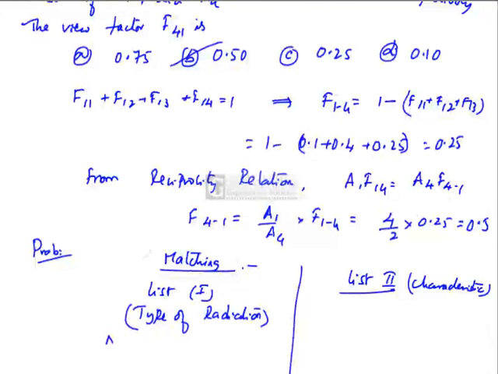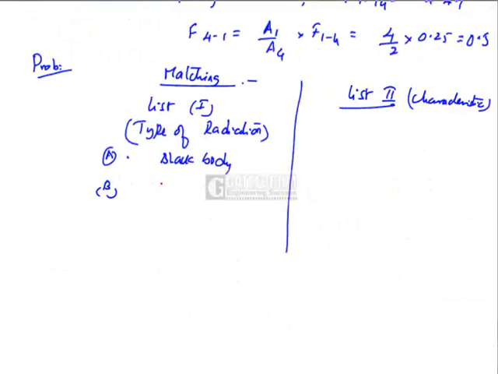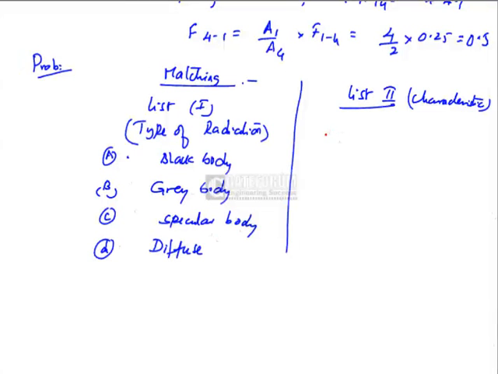In list 1, A is black body, B grey body, C specular body, D diffuse.